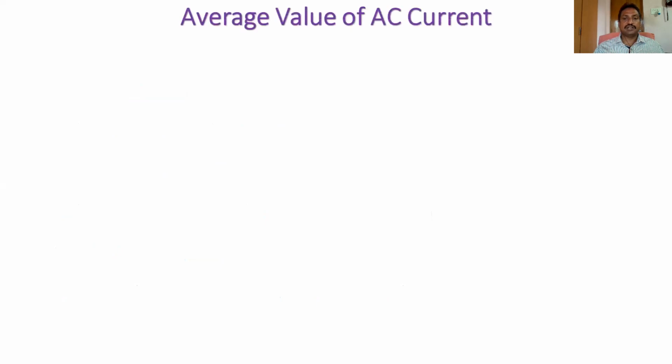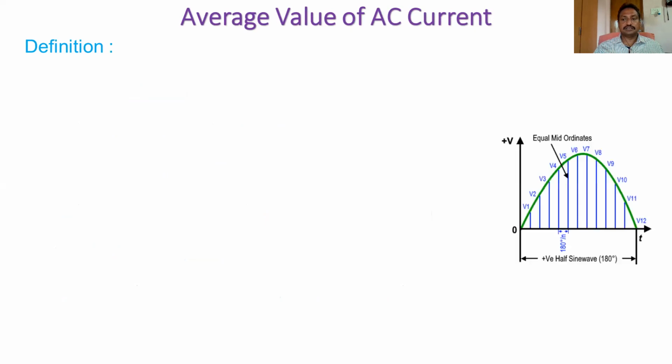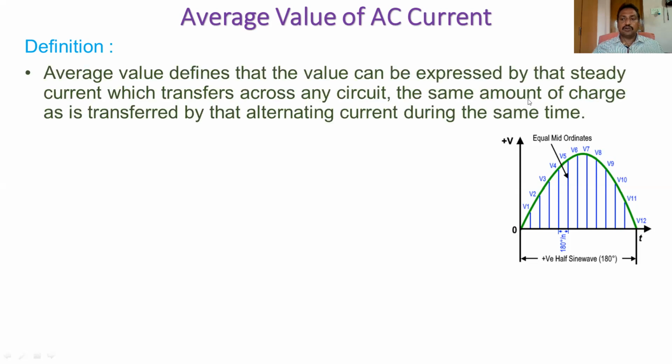First, I already covered one video. In the earlier video, I covered RMS value, basic fundamentals of alternating circuits and introduction. Now, average value of AC current. Listen carefully. This is an alternating quantity.